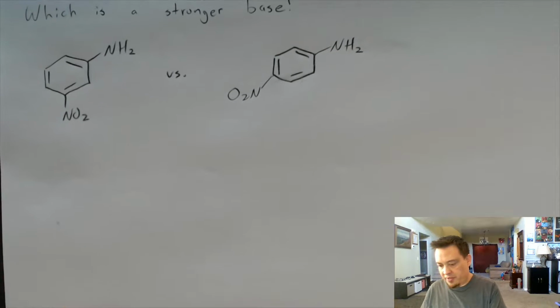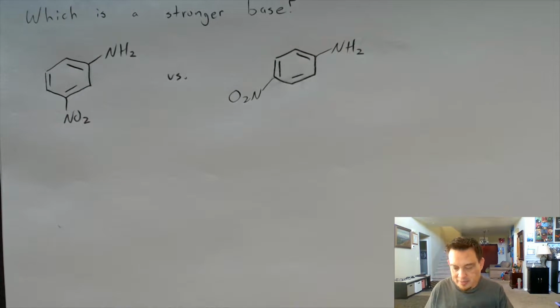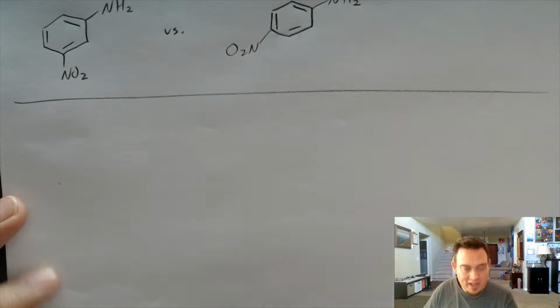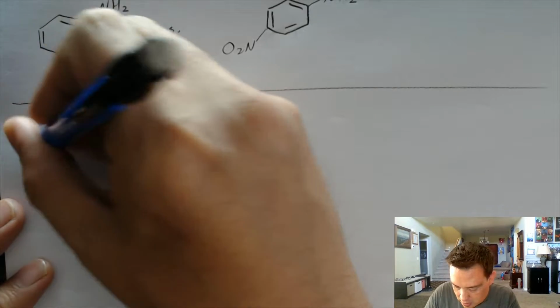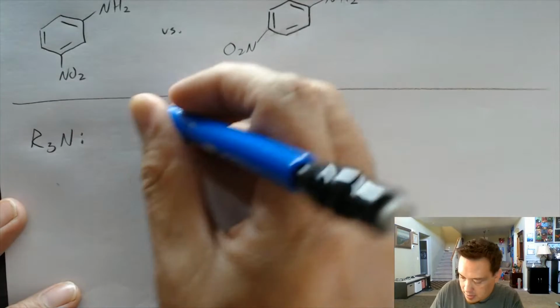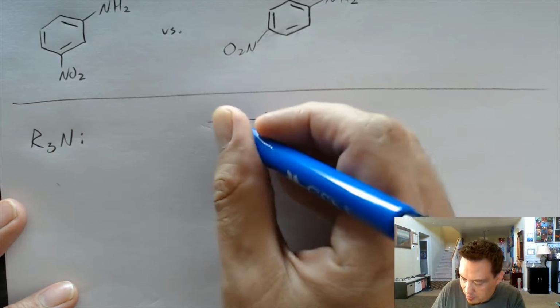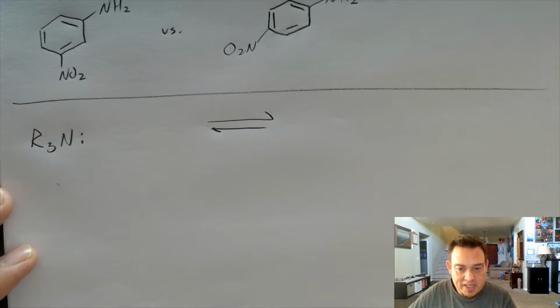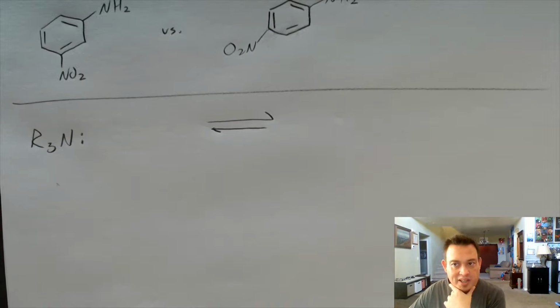All right, the last thing I want to talk about with amines is more of a real world use of this acid-base chemistry that people see in their daily lives. So here we have an amine. You guys might remember last semester when we were doing the acid-base extraction lab.